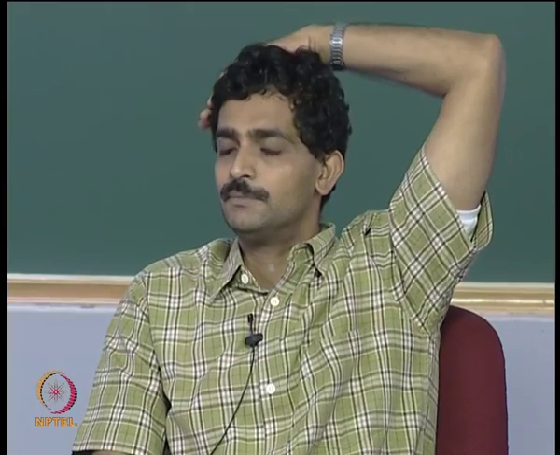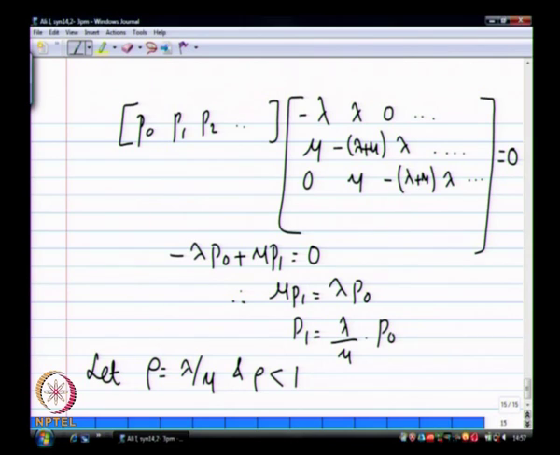You will always be approaching infinity because more customers keep arriving, you will keep jumping to higher states, and you would never come back to a steady state. So you will always have an infinitely large queue, and the probability of being in any state is essentially 0. So this condition is needed.